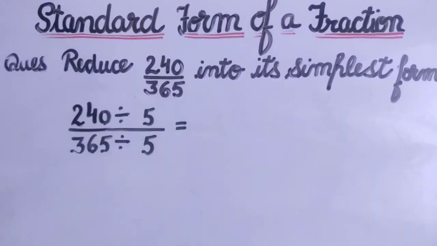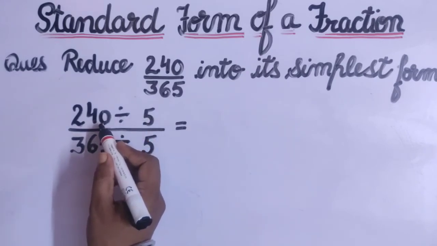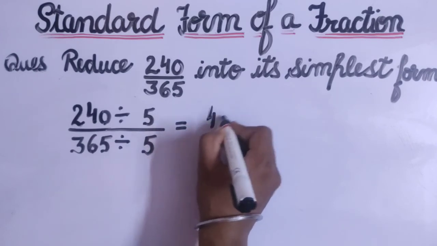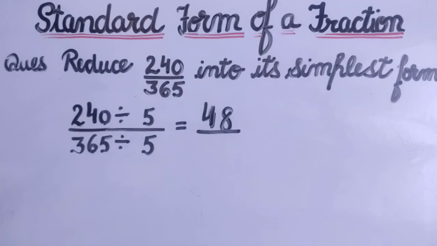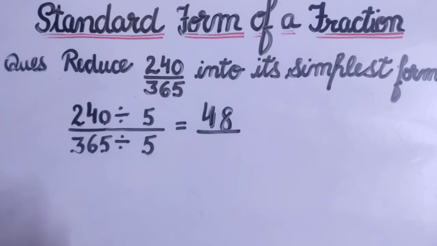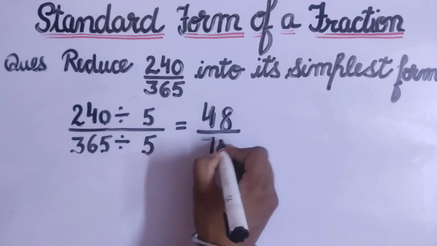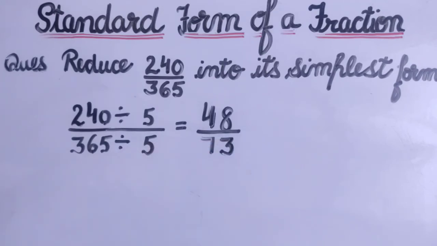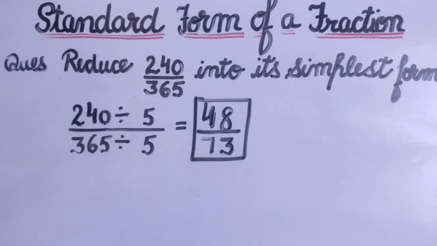Students, if you divide 240 by HCF 5, then the answer will be 48. And if you divide 365 by 5, then answer will be 73. Now I can say that, students, this 48 by 73 is in lowest term.